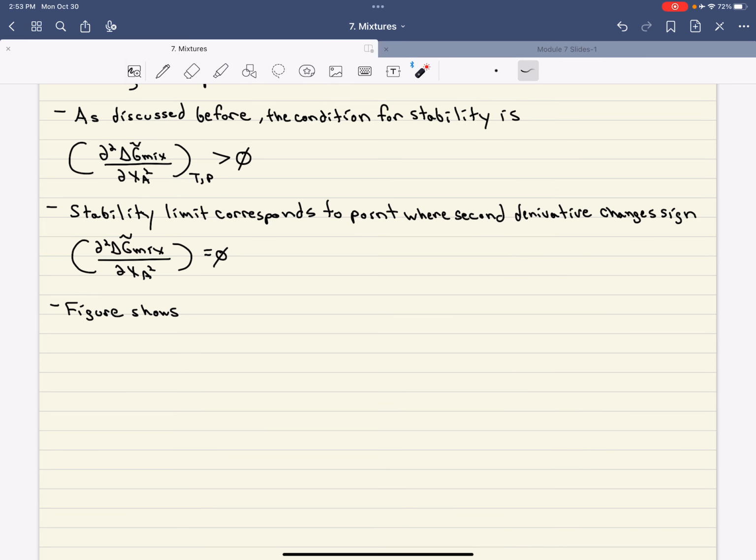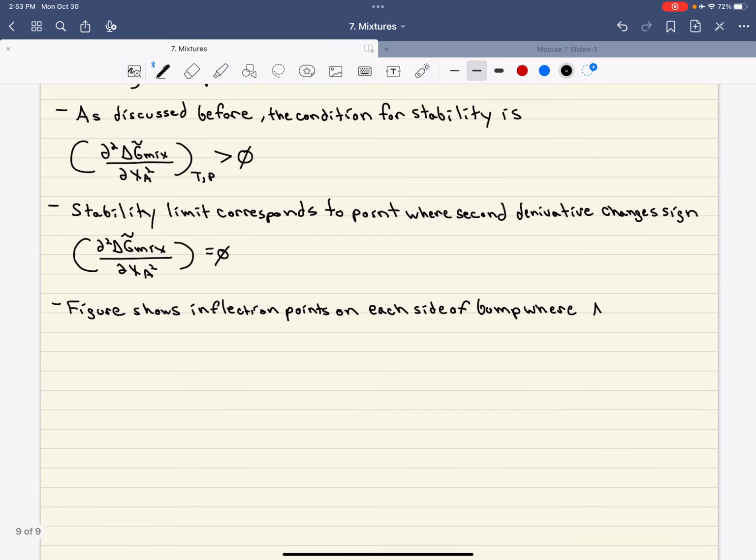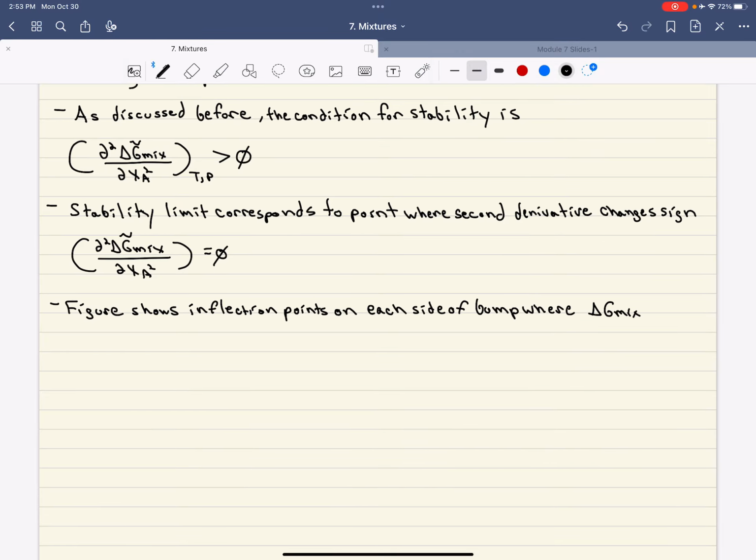So the figure shows inflection points on each side of the bump where delta G mixing is concave down. Okay?